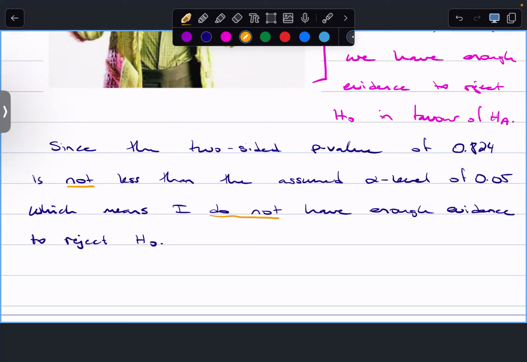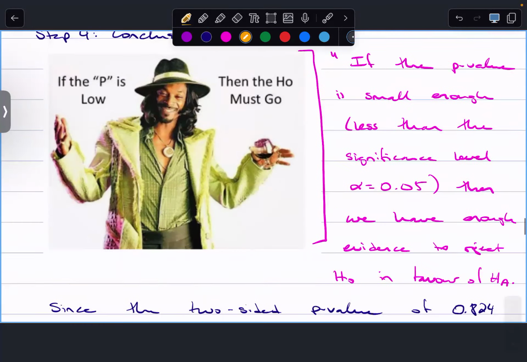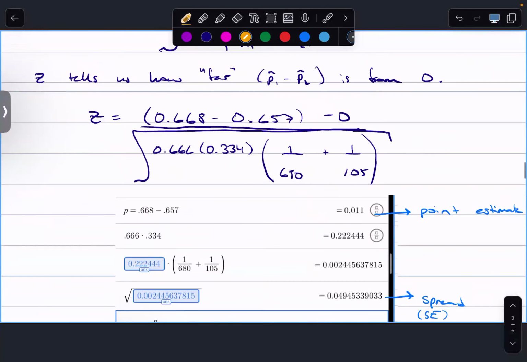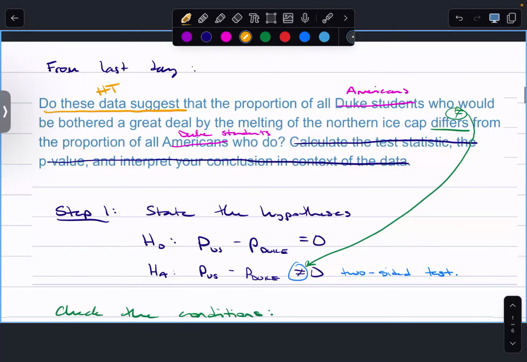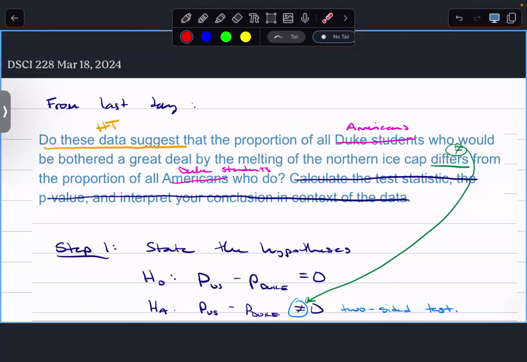What does that mean in terms of the question that we wanted to answer? Oh boy, that's going to be a lot of scrolling. If I do not have enough evidence to reject H naught, the question was, do these data suggest that the proportion of all Americans who would be bothered a great deal by the melting of the northern ice cap differs from the proportion of all Duke students who do?